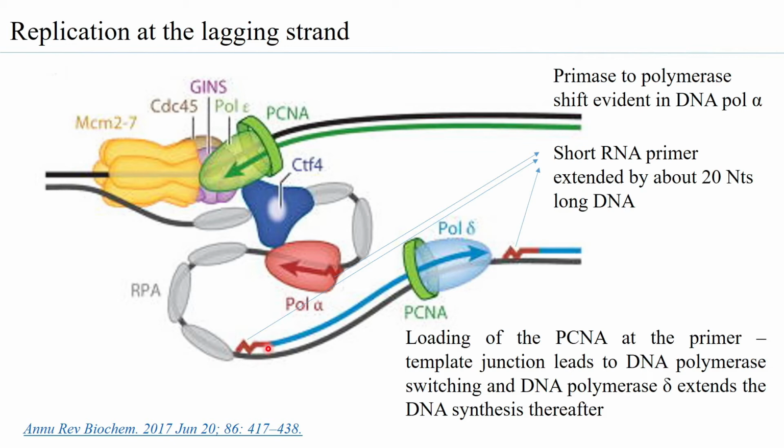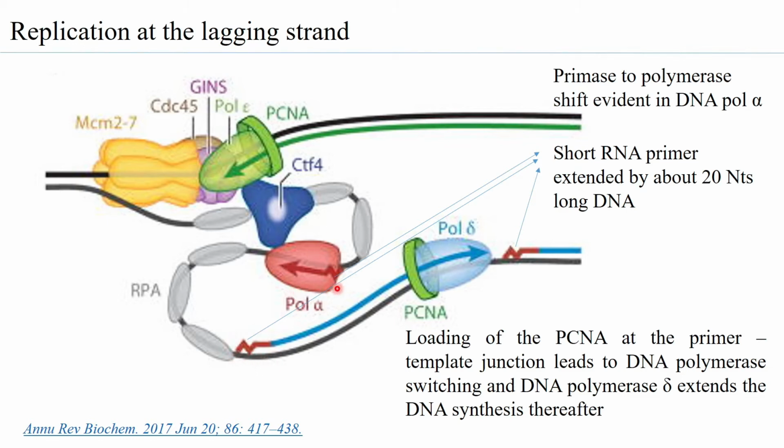Now it is adding deoxyribonucleotides, and it synthesizes up to 15 to 20 nucleotides. So that is how this portion is about 25 to 30 nucleotides long: the entire primer and the double-stranded nascent DNA that is formed by DNA pol alpha.